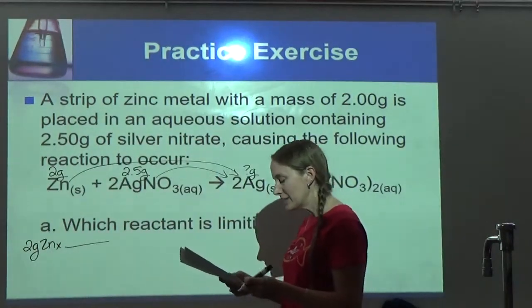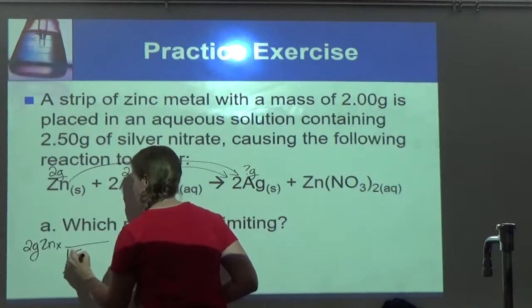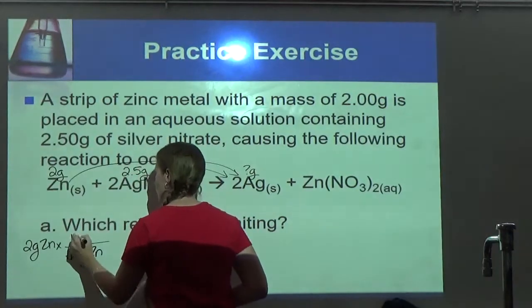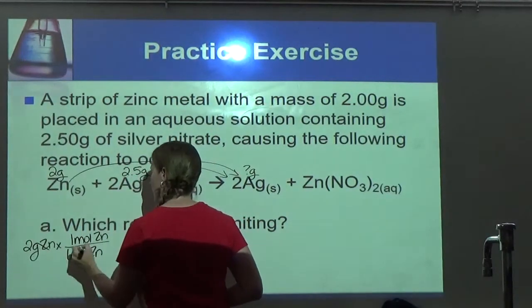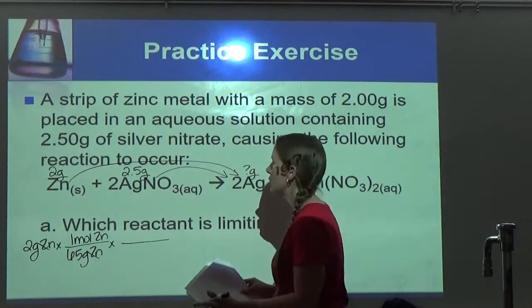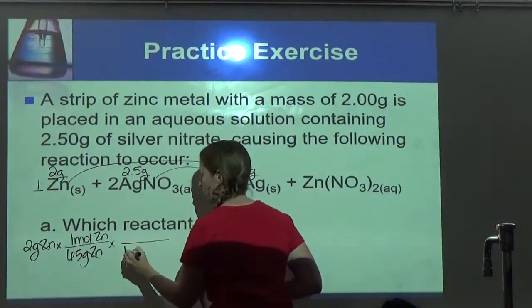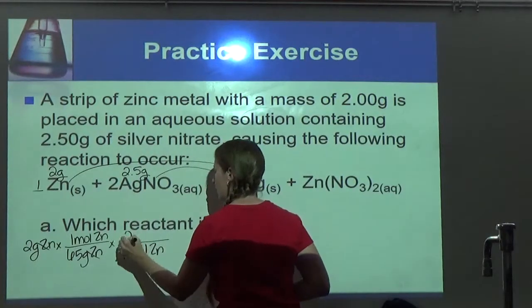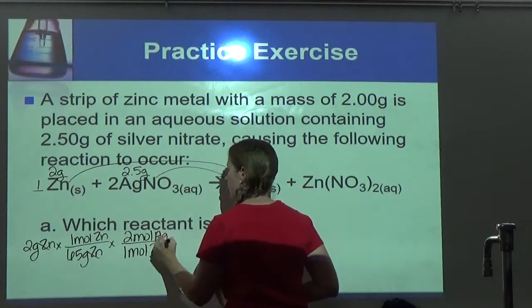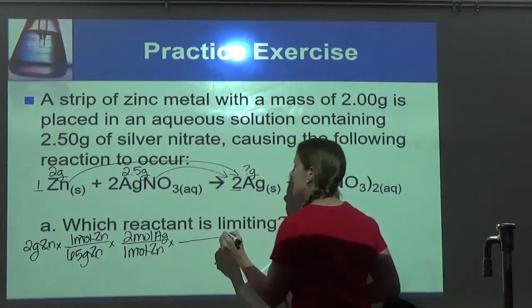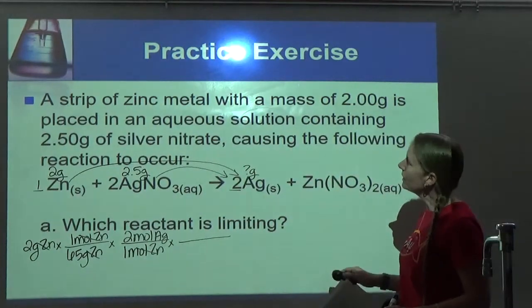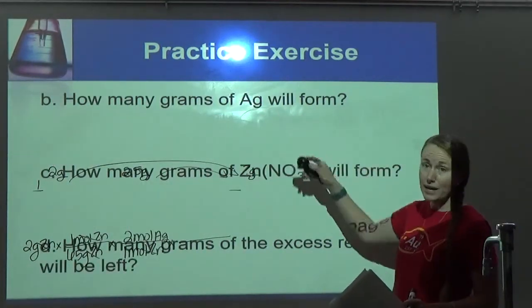First step is convert to moles. So molar mass of zinc is about 65 grams, and that equals 1 mole. Next is, of course, mole ratio. So I can see 1 mole of zinc makes 2 moles of silver. All right, last step is it does ask me how many grams of silver.